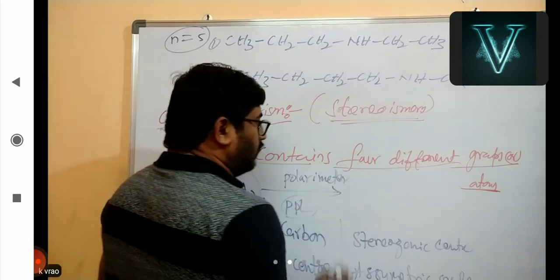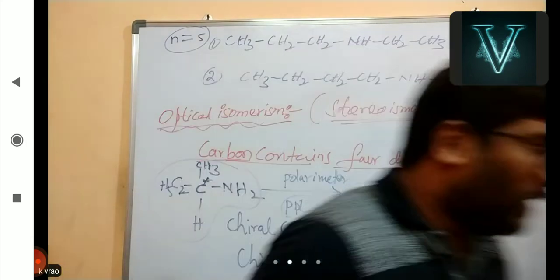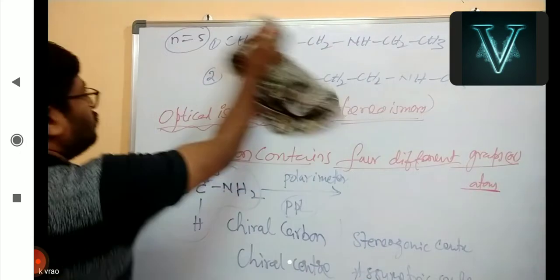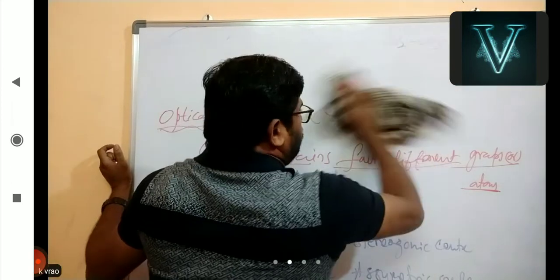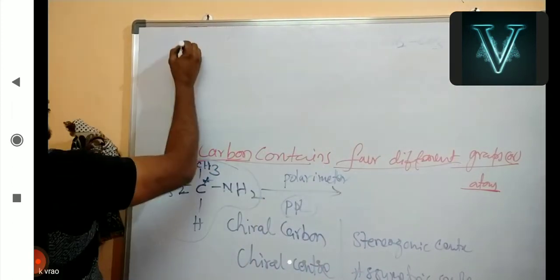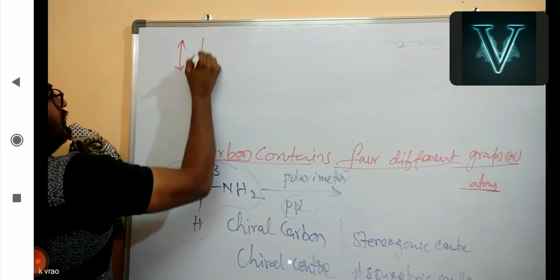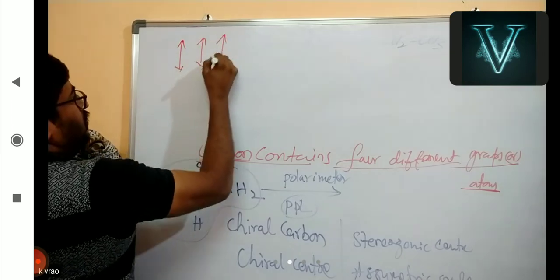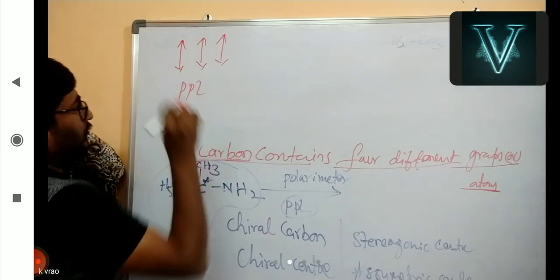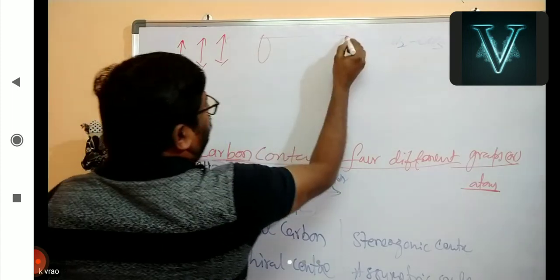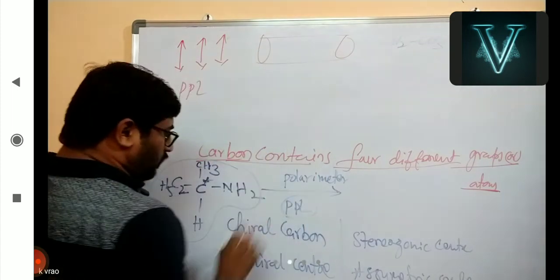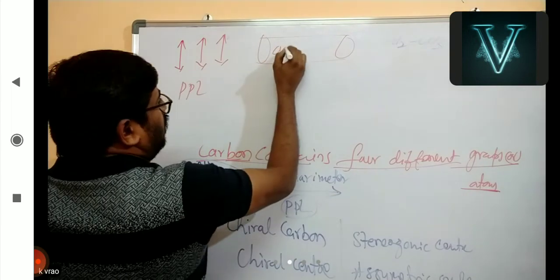Plane polarized lights are usually shown like this. This is plane polarized light, PPL, and the test tube contains this compound as an organic solution.